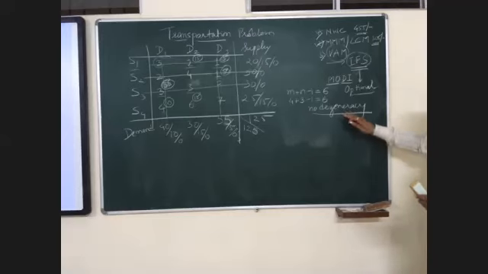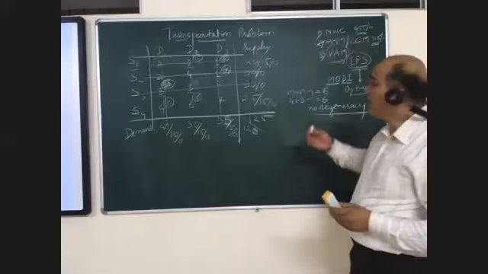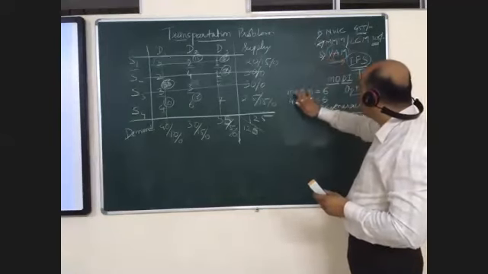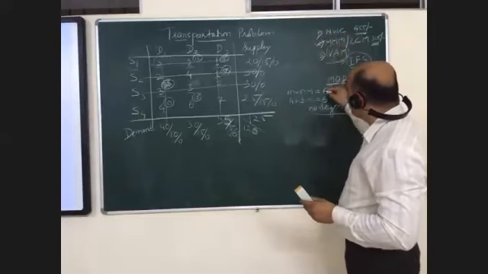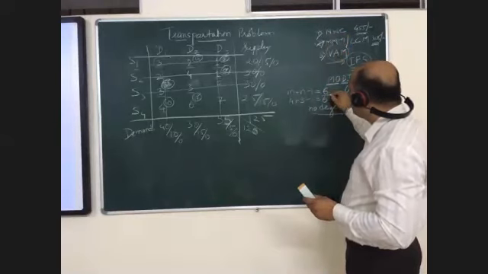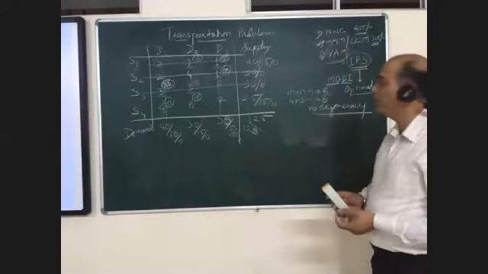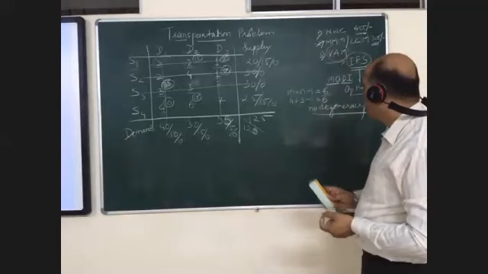What to do with degeneracy, we will say later on. Let us understand what the VAM method is first, and then we'll come back to this. If you check northwest corner also, there we got 6 allocations.